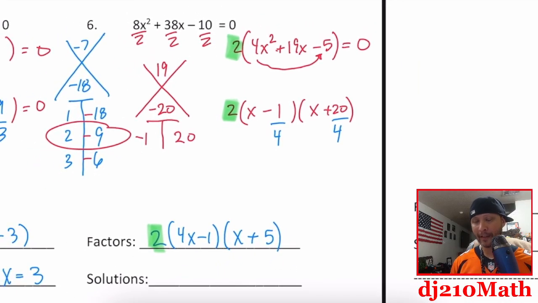Now, they're my factors. The solutions, that GCF has no impact over the solutions, right? That number means nothing to the solutions. So this is going to be positive 1/4 and -5. Right, that 2 doesn't affect the solutions. It does affect the factors, right? Because if that wasn't there and you try to FOIL it out, we're not going to get the original equation.